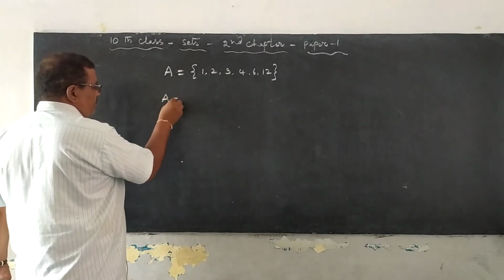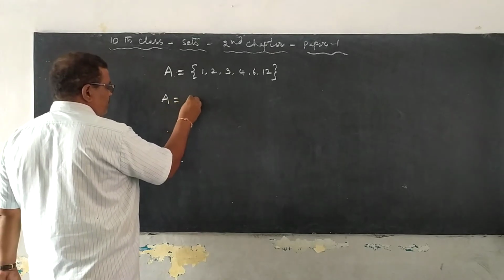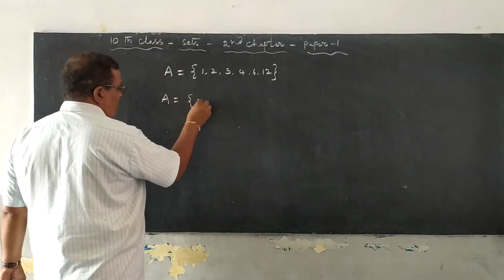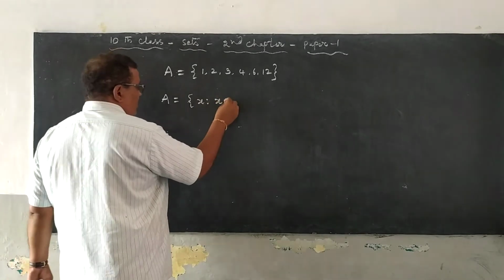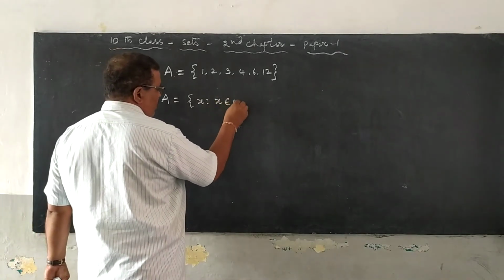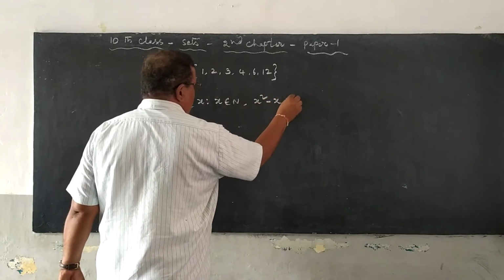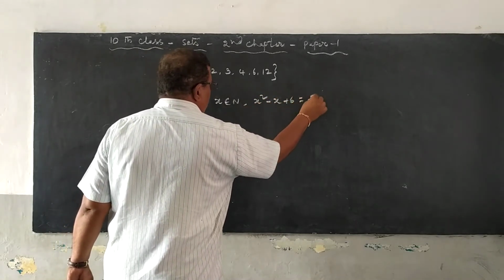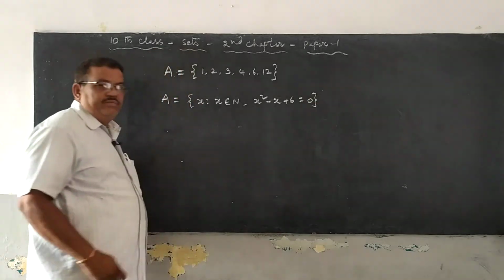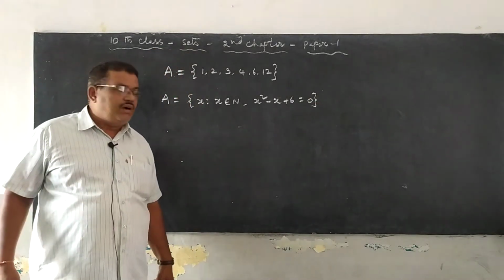A is equal to x such that x belongs to N, x square minus x plus 6 equal to 0. This is one set. This is the algebraic idea.